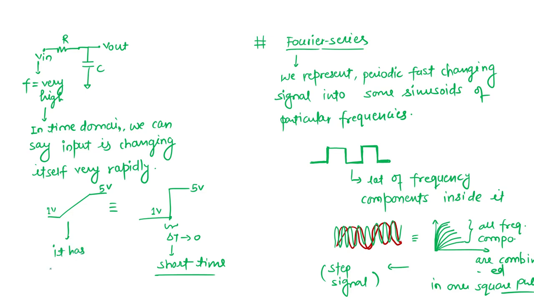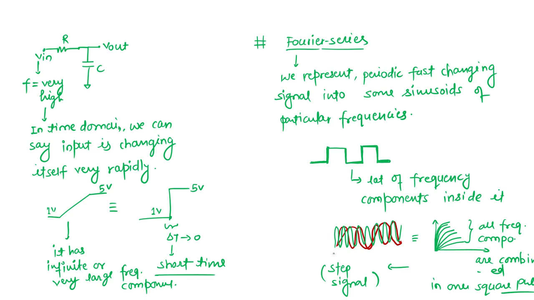It has infinite or very large frequency components. So a sudden change means that in this particular square pulse we have a lot of sinusoids, and sinusoids with very high frequency.